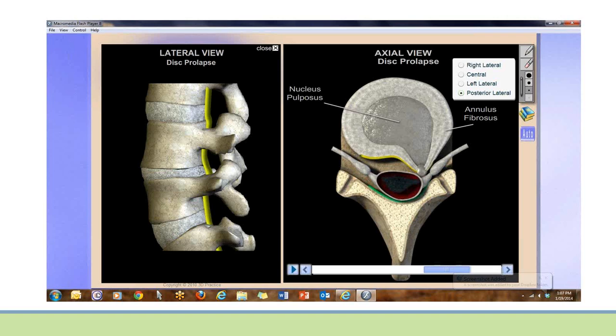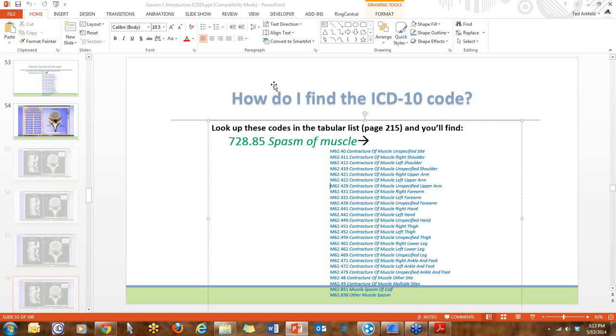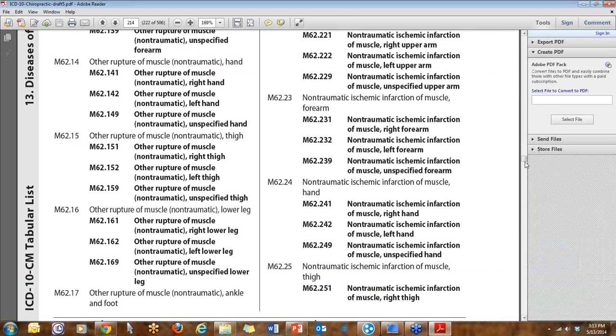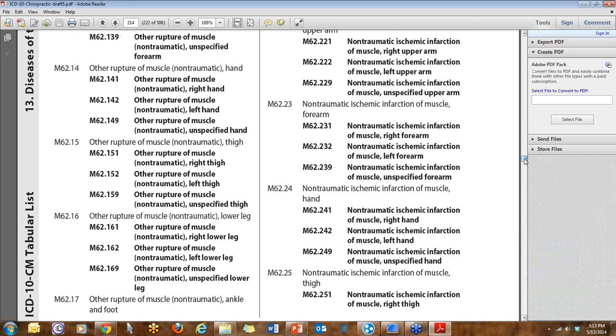And then another question, wouldn't you get back to the GEMS to find the equivalent for piriformis syndrome? Let's take a look at that.